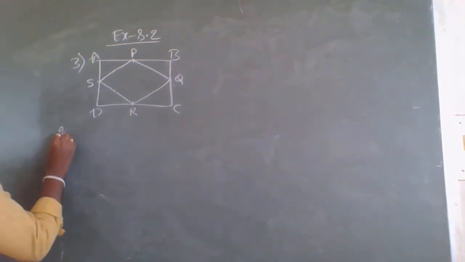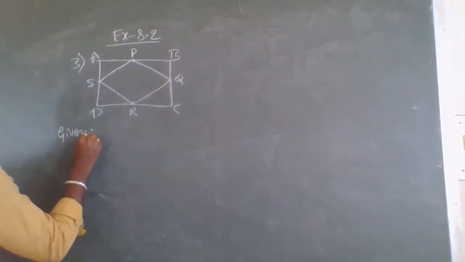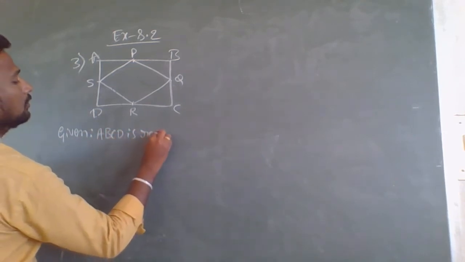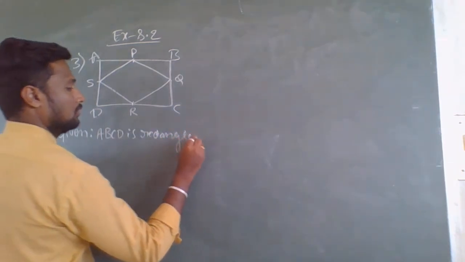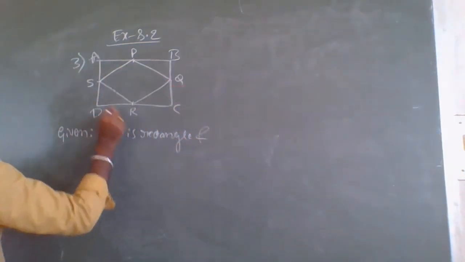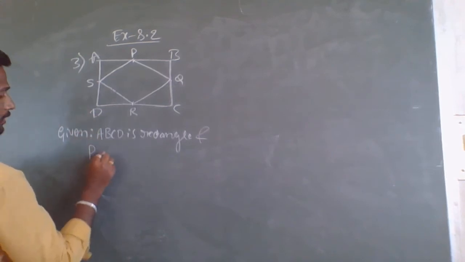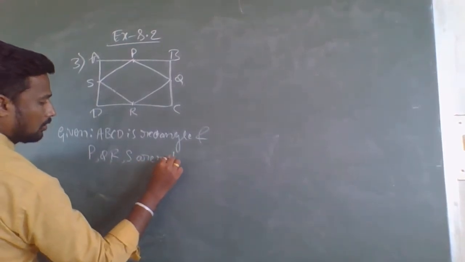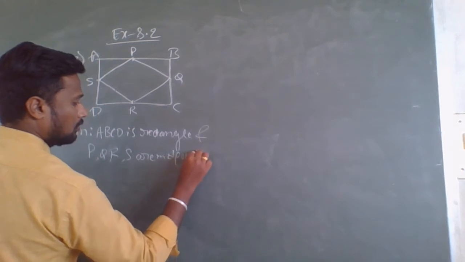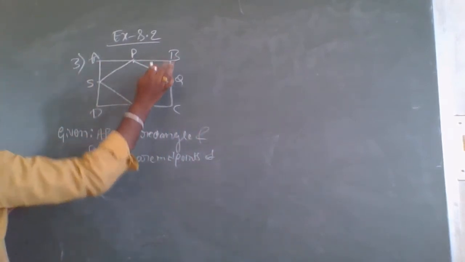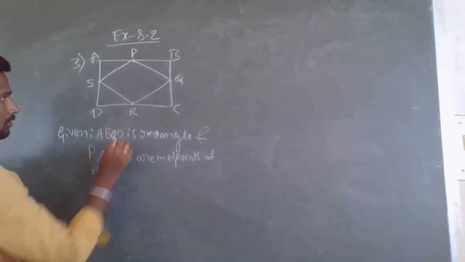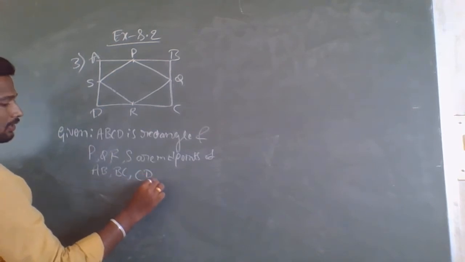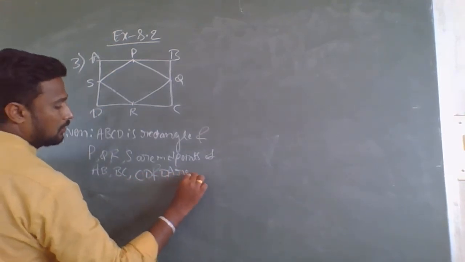So here what they have given: ABCD is a rectangle, and P, Q, R, S are midpoints of AB, BC, CD and DA respectively.